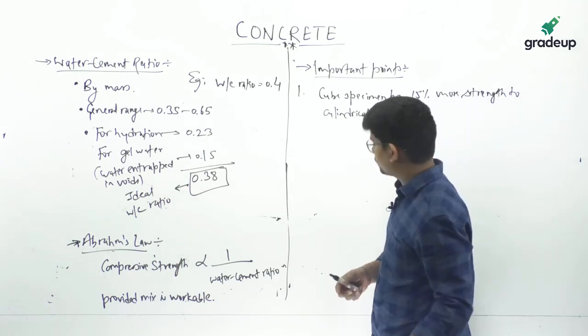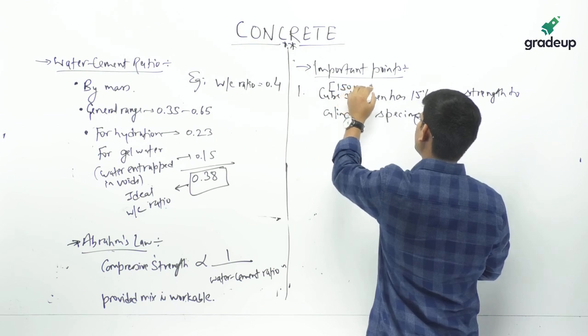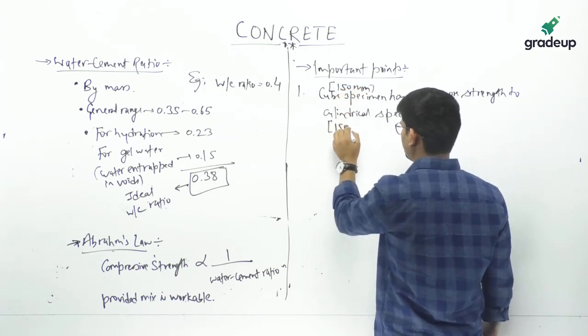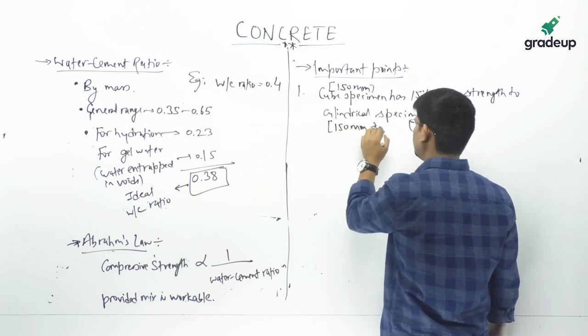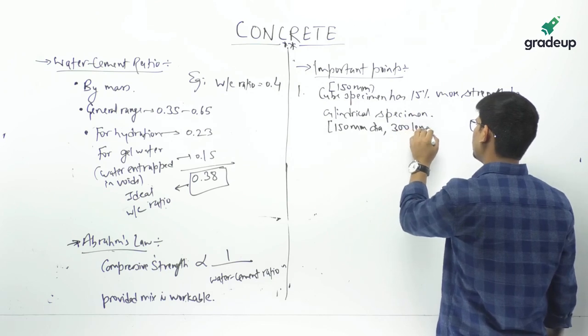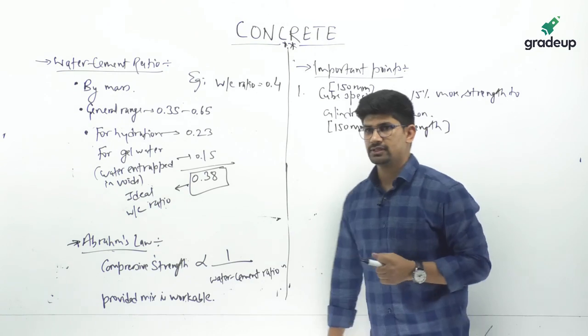The size of the cube is 150 mm, while if you take the cylinder, it is 150 mm dia and 300 mm length.